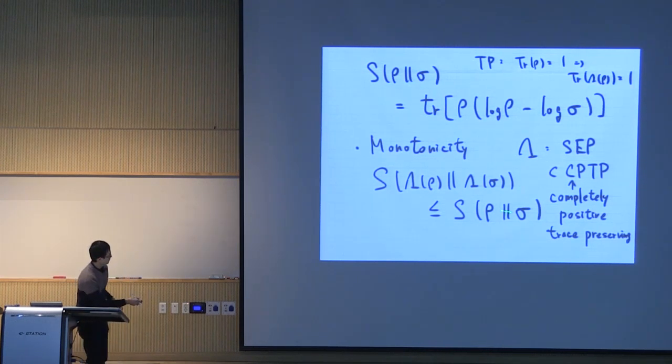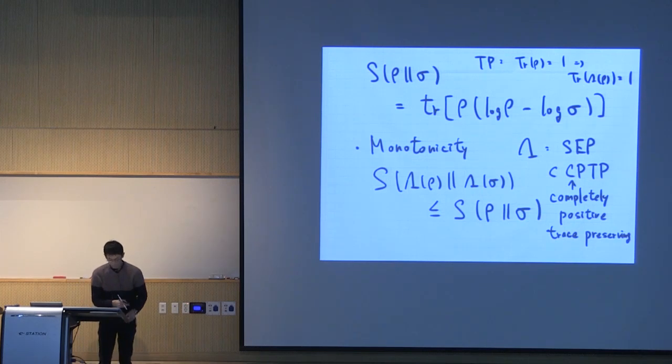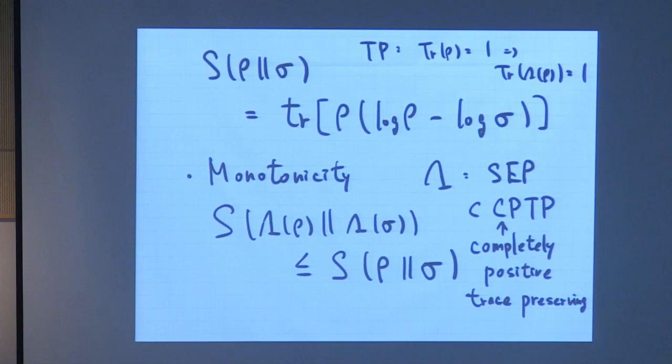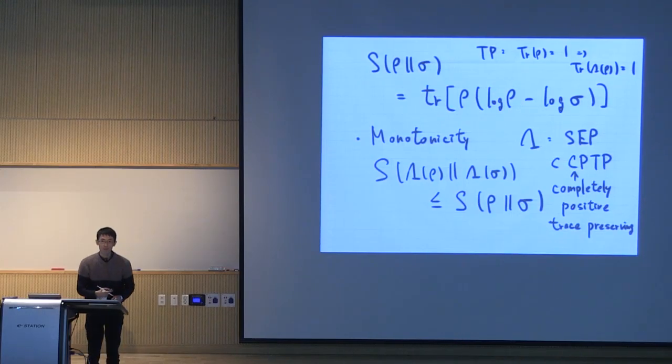And completely positive means that originally rho is supposed to be a positive operator, and even after the operation it should be a positive operator, because otherwise we cannot interpret it as a density matrix.